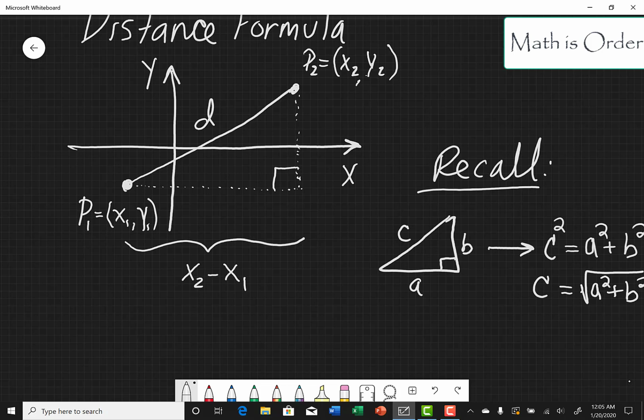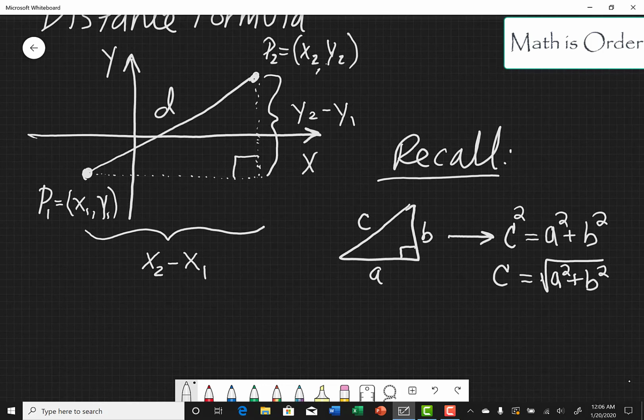In the same way, this side length right here is the vertical distance between points P1 and P2, and it's given by y2 minus y1. So you can see how we might form a relationship between D, the side length x2 minus x1, and this other side length y2 minus y1.